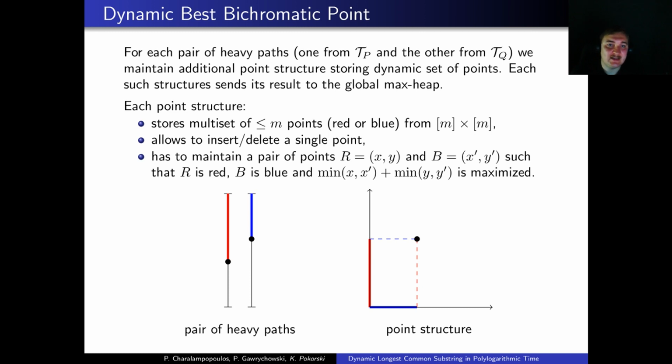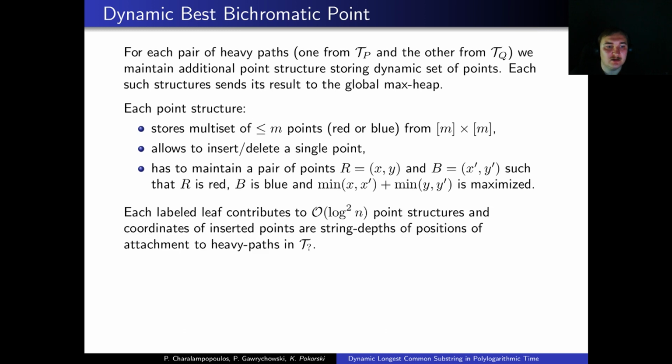So we translate the position on the heavy path coming from the P trie, and we maintain the depth in TQ on the heavy path in TQ, and we translate it into a point in our structure. We want to be able to find the pair of points that maximizes these LCPs that we mentioned earlier. What is good is that any labeled leaf contributes only to log squared point structures.